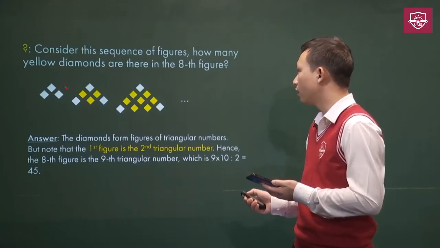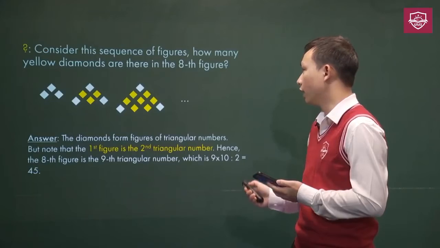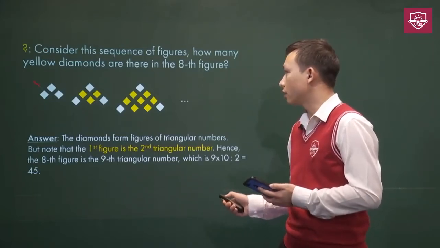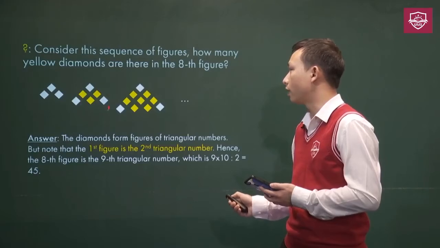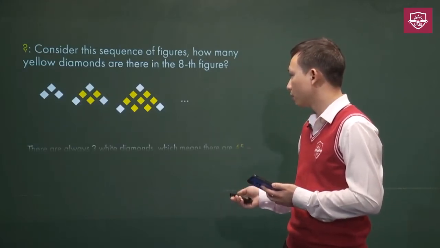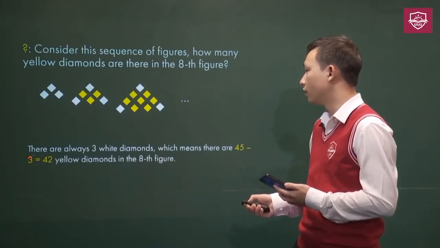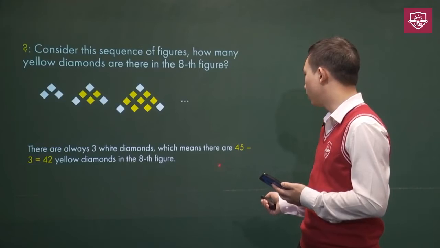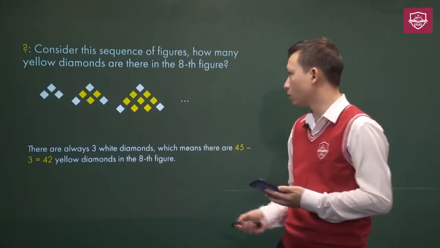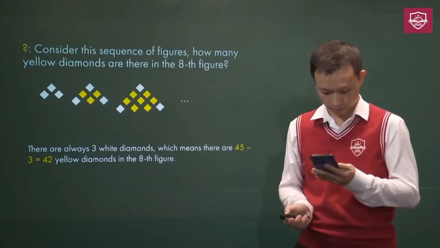But notice that the question is how many yellow diamonds. In each figure, we have exactly 3 white diamonds, and the rest of them are yellow diamonds. So we need to minus 3 of the white diamonds to get 45 minus 3 equals 42. So the answer is there are 42 yellow diamonds.